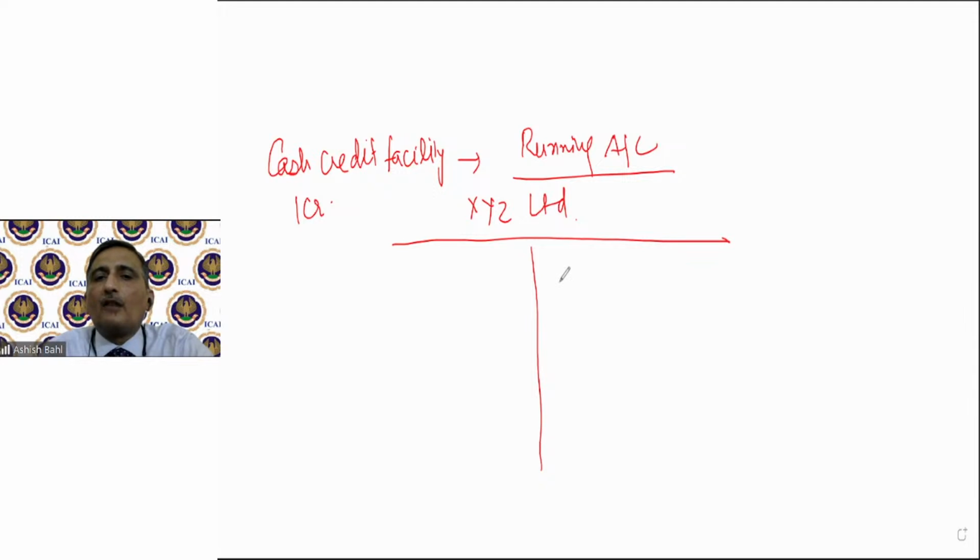Say this is the ledger of XYZ Limited appearing in the books of, say, ABS Bank. So how would the account be operated? Yes, Namrata, these are both the same terms. Cash credit and overdraft are used interchangeably. There is no difference.